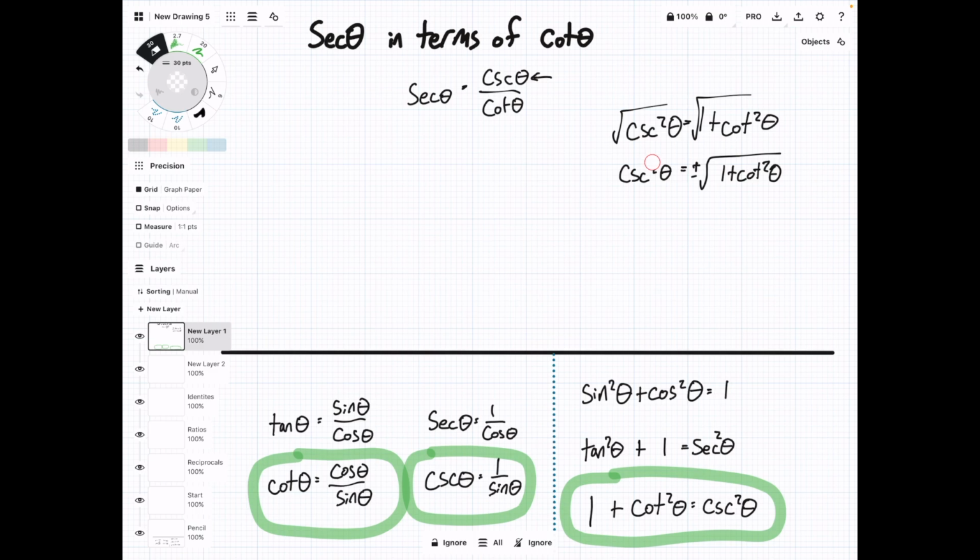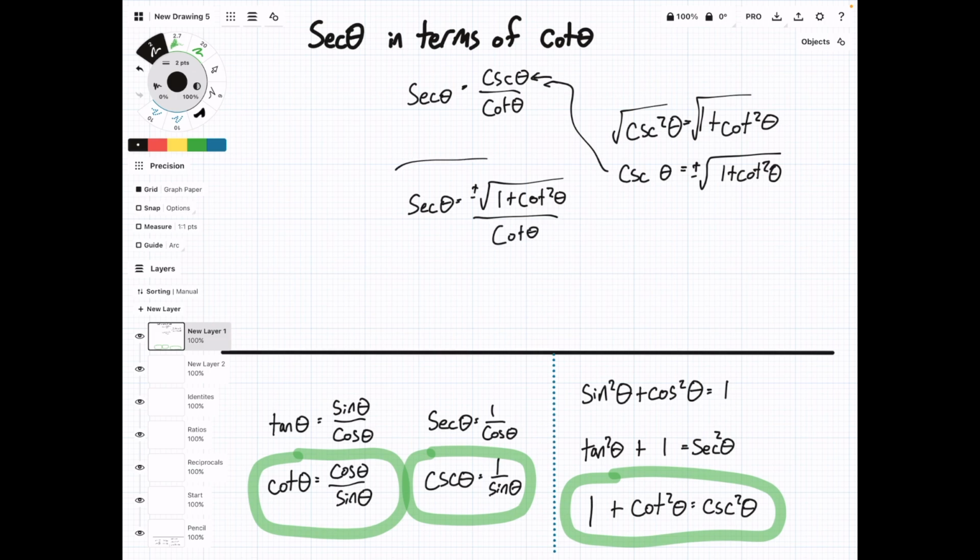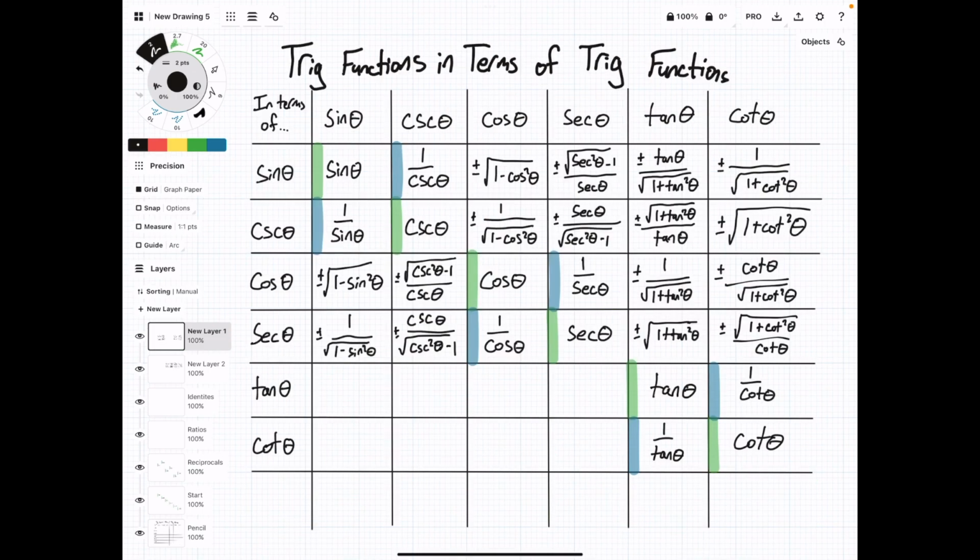And, oh, when we squared it, we got rid of that. And then what we're going to do is plug this in here. So secant theta is equal to plus or minus the square root of 1 plus cotangent squared theta over cotangent theta. With that, we've completed the row for secant theta, and the ones underlined in green are the ones we just solved for. So what we're going to move on to next is tangent.